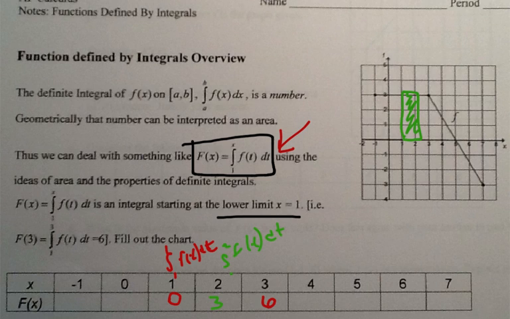And let's see, going further to the right, what if we go all the way to 4? The integral from 1 to 4 of f of t dt would be what we had for from 1 to 3 plus this little trapezoid region here on the end.